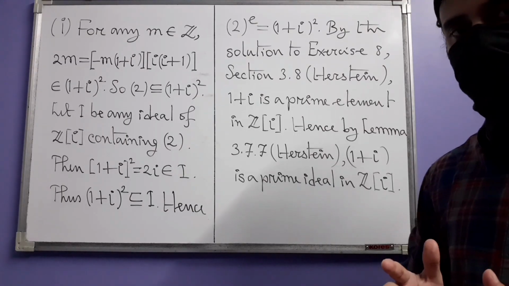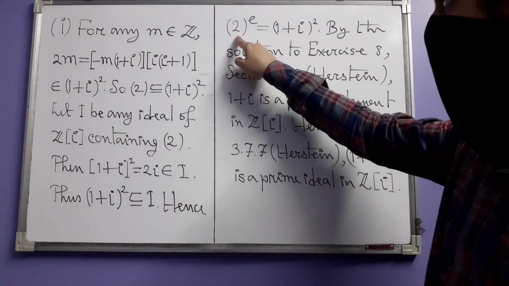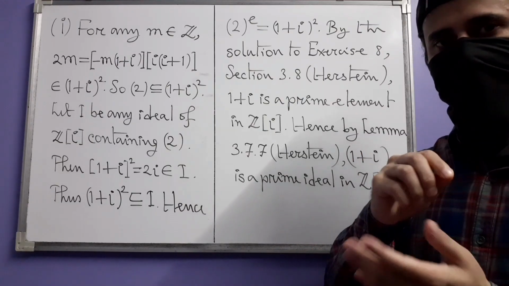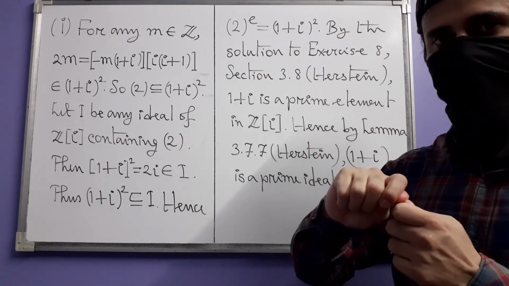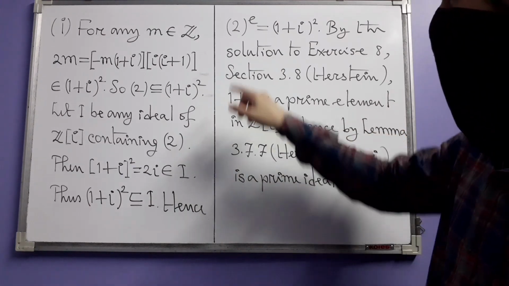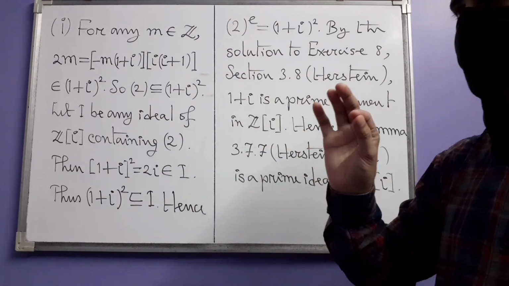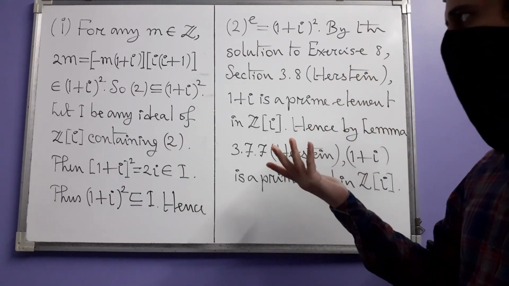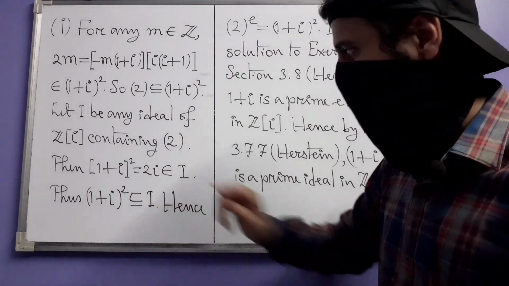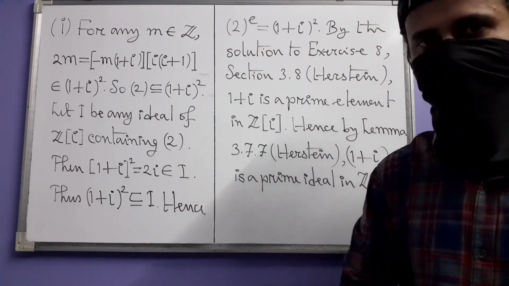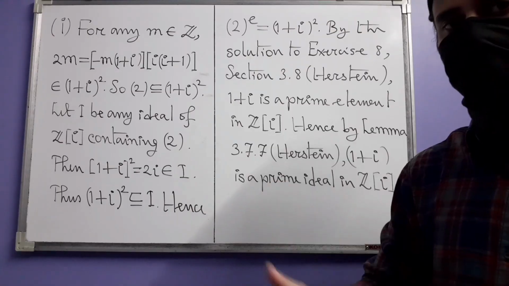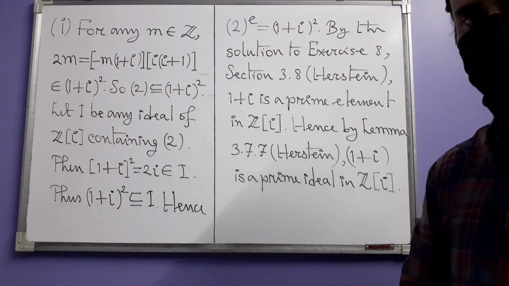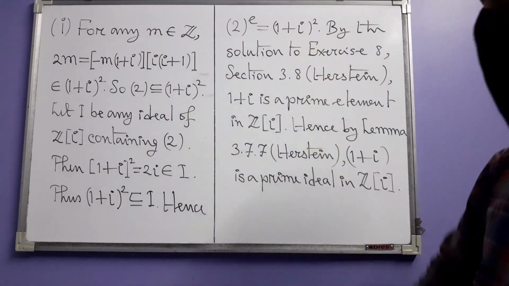Not necessarily actually means it is not. For example, what should an ideal do when you take any of its elements and multiply it by a ring element? The product should belong to the ideal. Now you take the integer 2 and multiply it by this new ring element i, because now your ring has got larger. 2i. Is 2i an even integer? No. So then how is it an ideal? So the extension actually is this.